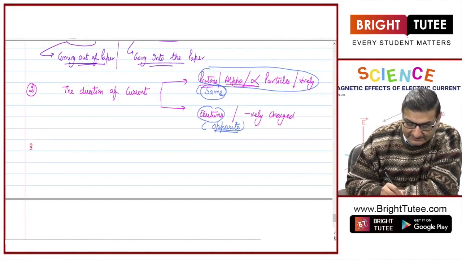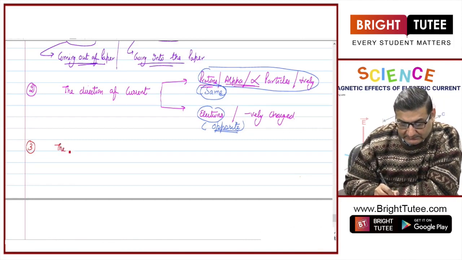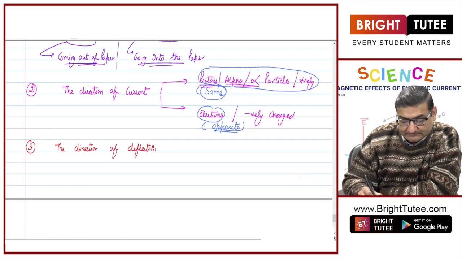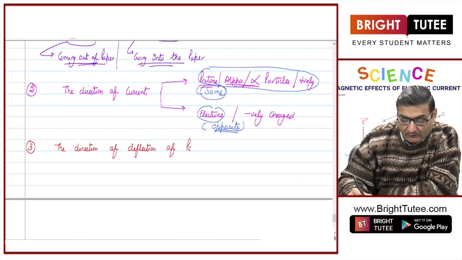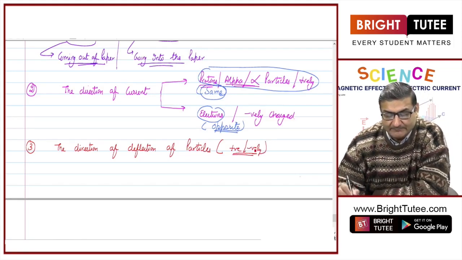Third and yet again important thing is the direction of deflection of particles. Now, I am not specifying particles here. It may be both positively charged or negatively charged, whichever are given in the question.